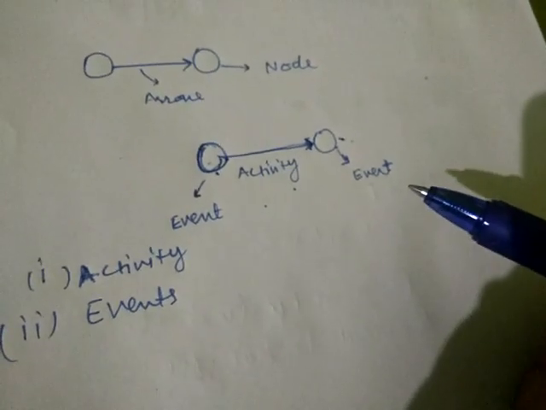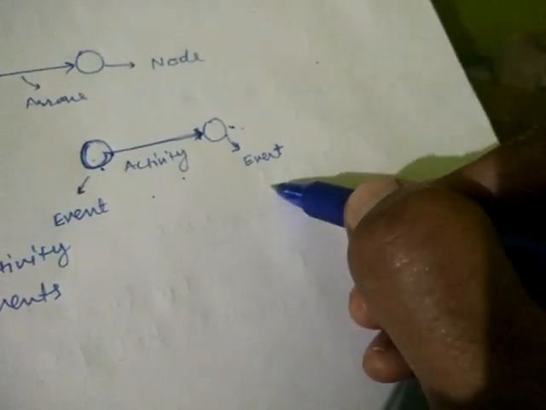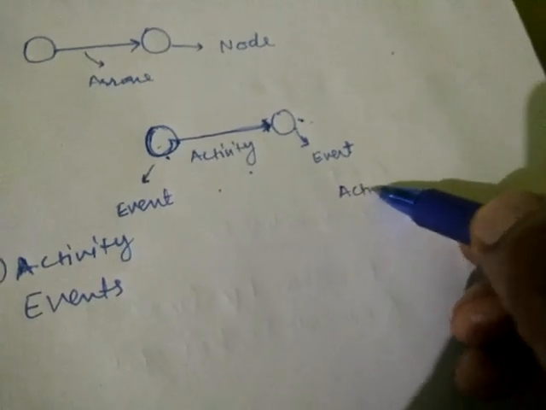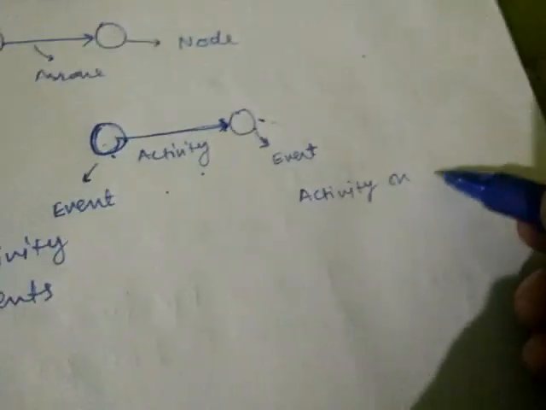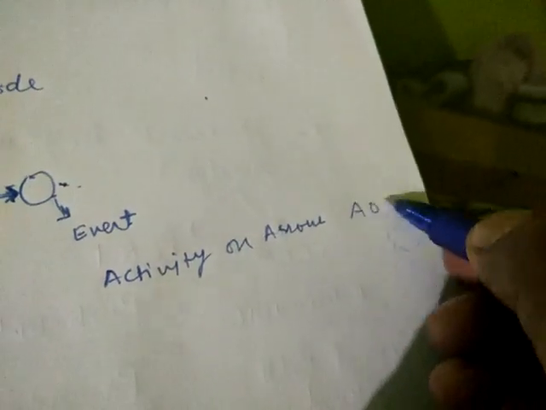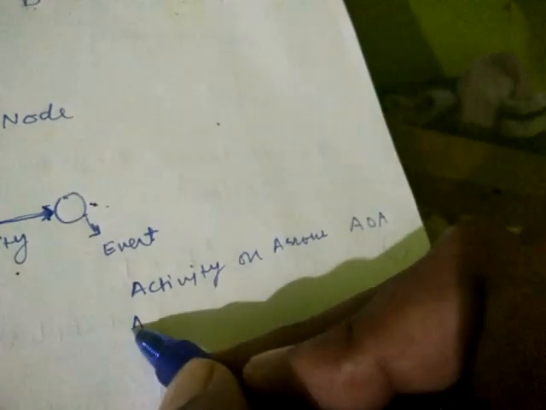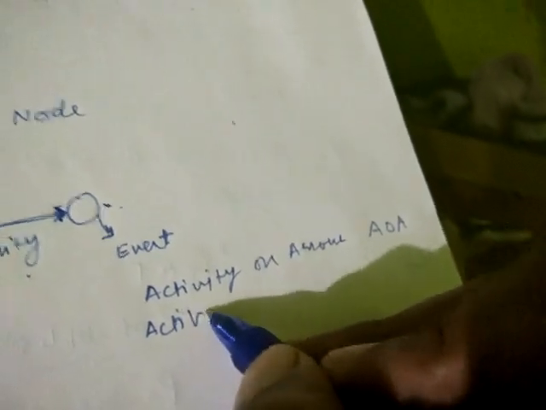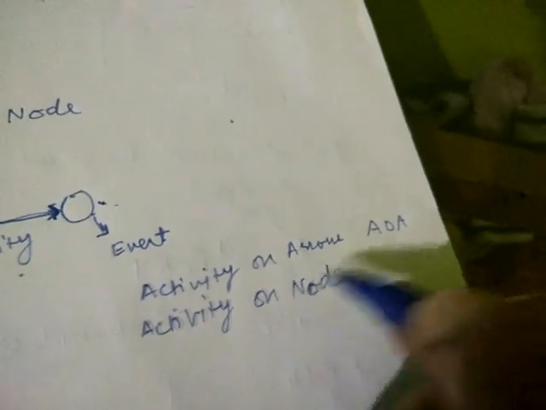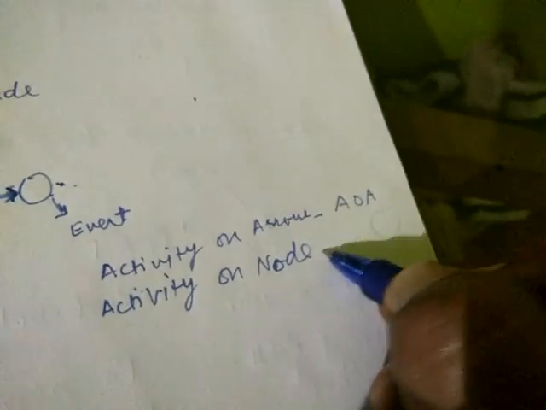Now this diagram can be made in two ways. The first way is activity on arrow, generally we say in short form AOA, or activity on node, that is AON.